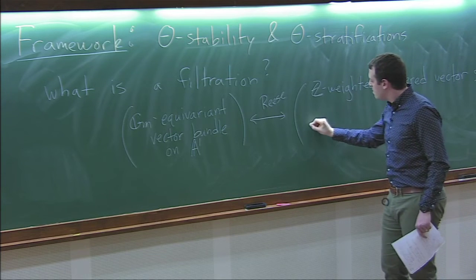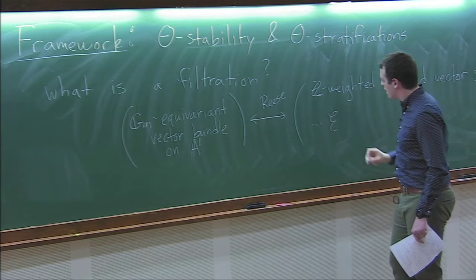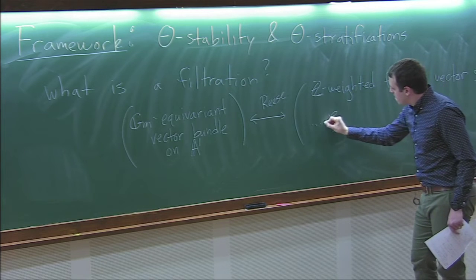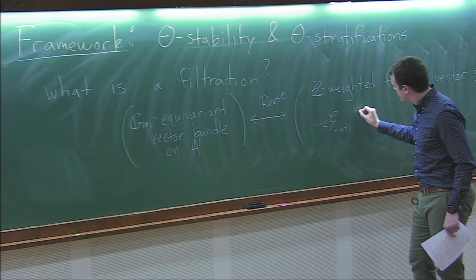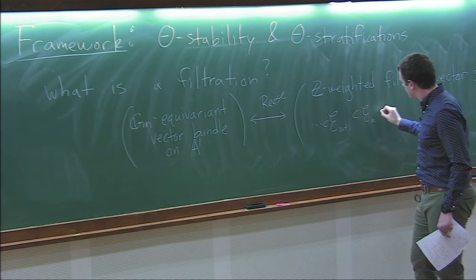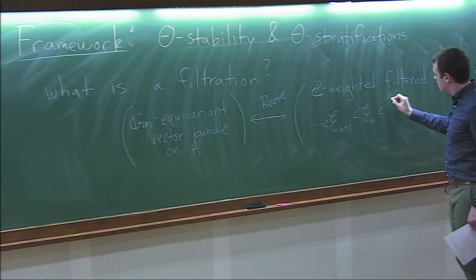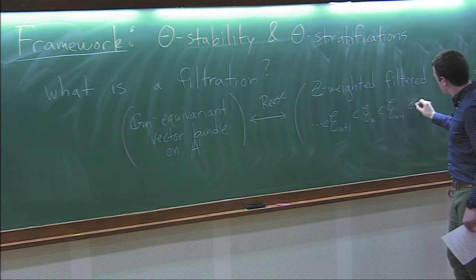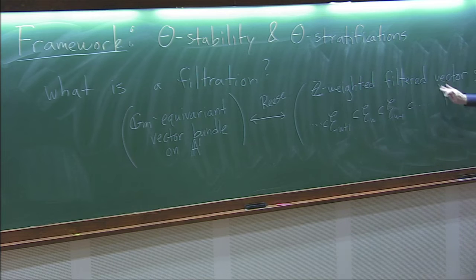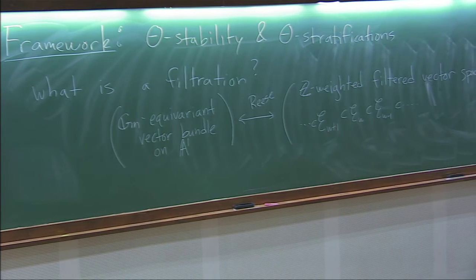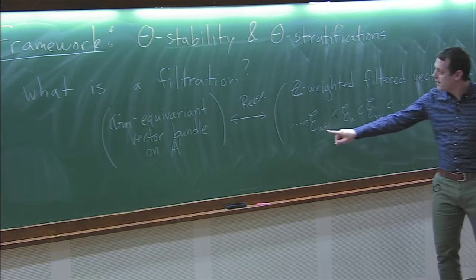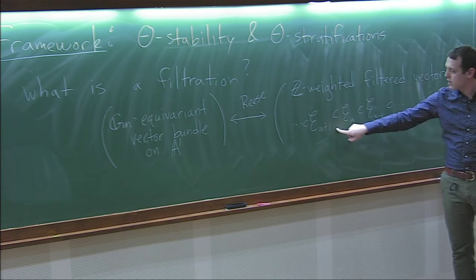So what I mean by this, and this will sort of set some notation for the talk, this is a finite dimensional vector space. So in my convention, this is what a filtration is.